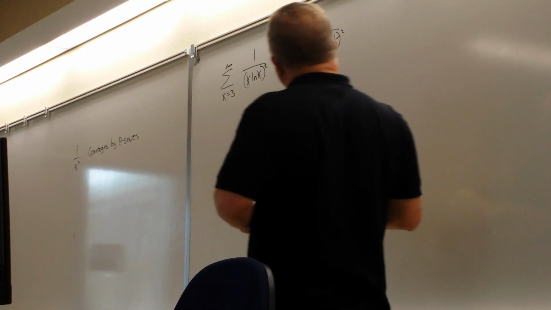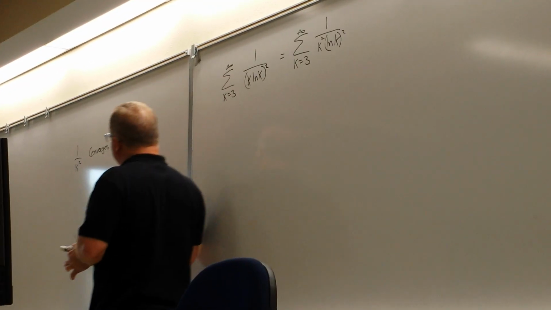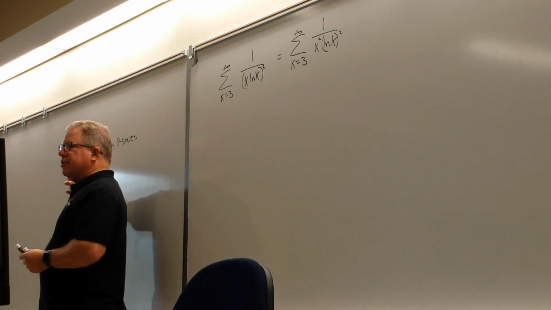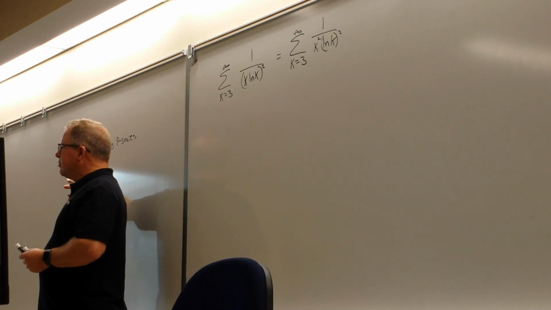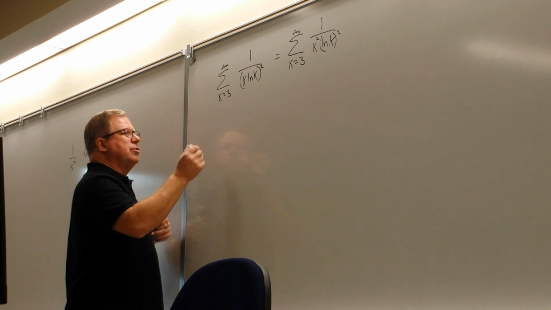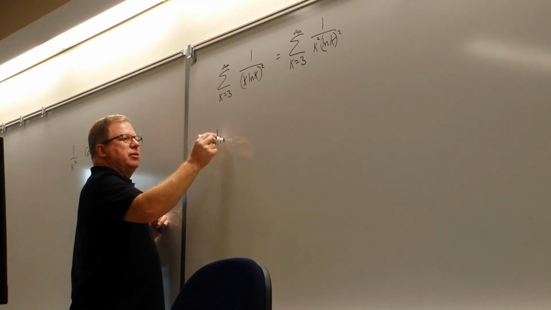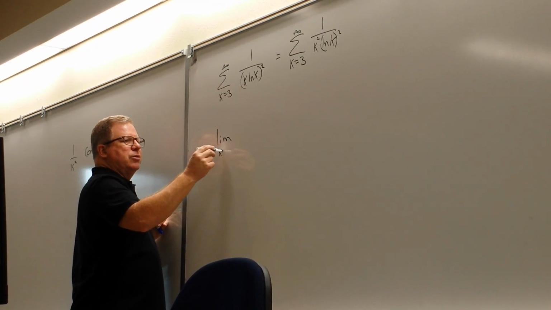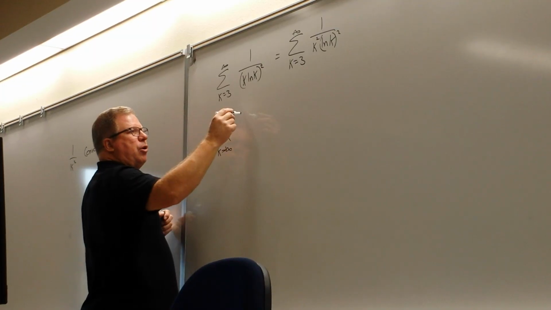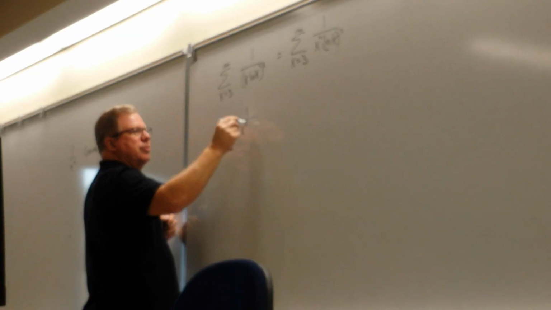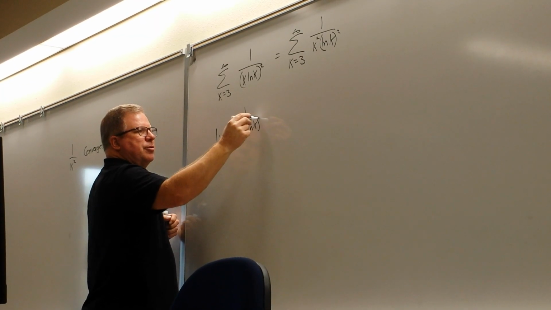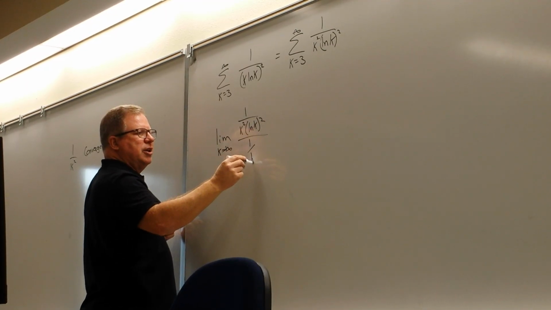So, I don't know how this is going to play out, but I'm going to go ahead and try using this. Let's see what happens. You like that? Let's try it. So let's take the limit as K goes to infinity of our original over 1 over K squared.